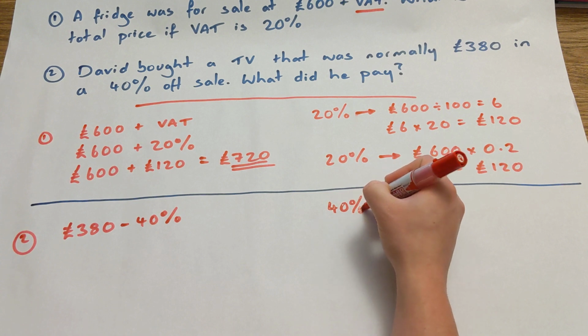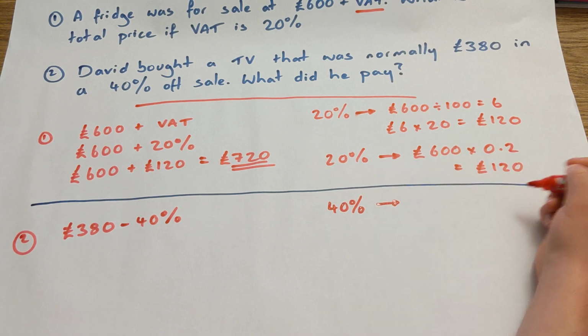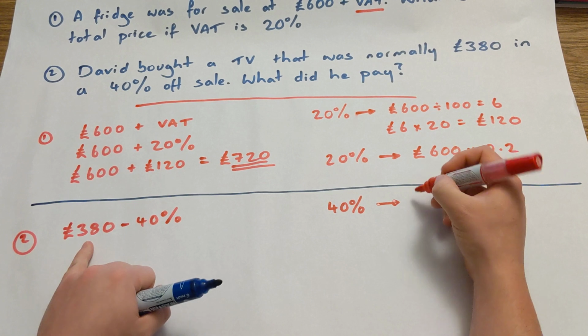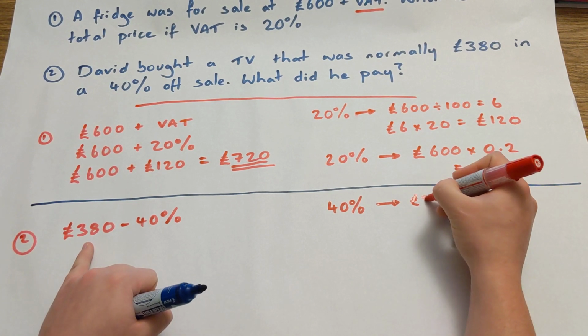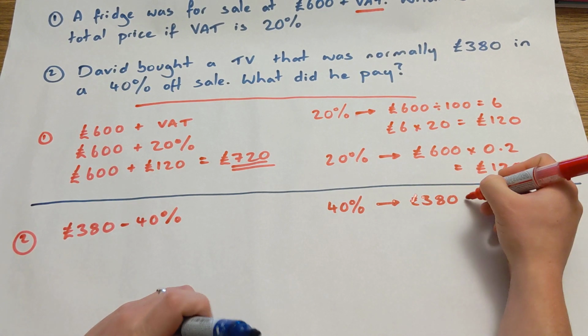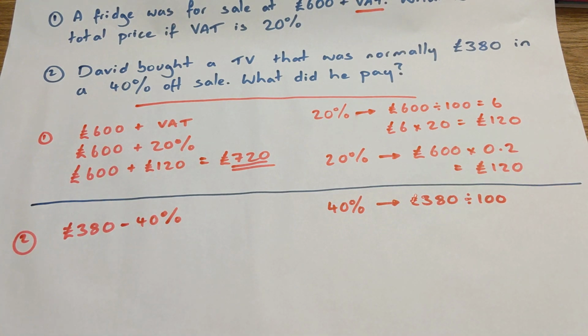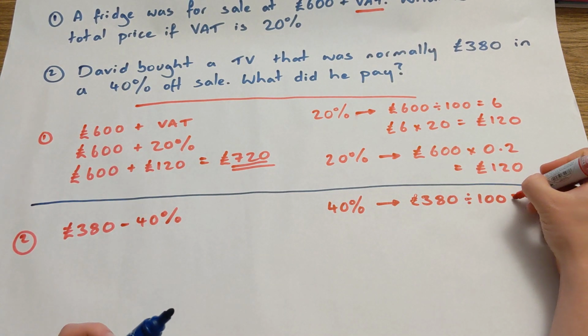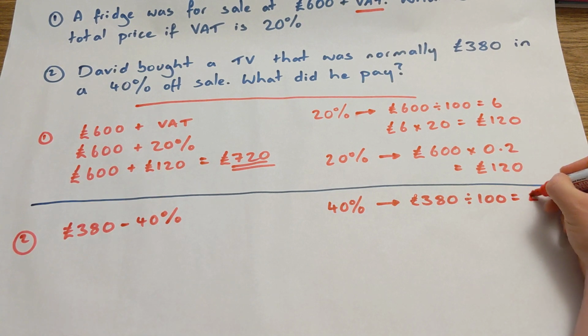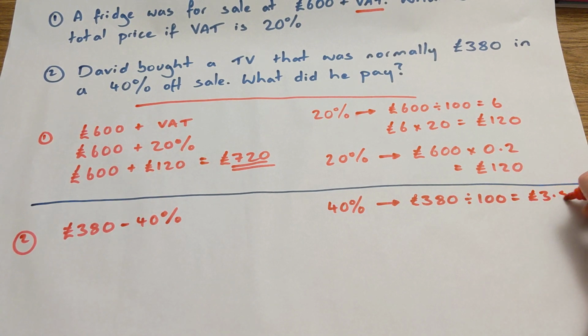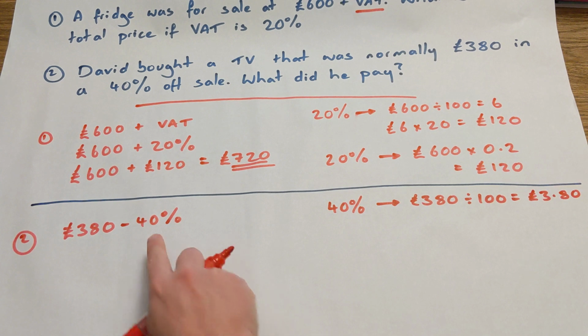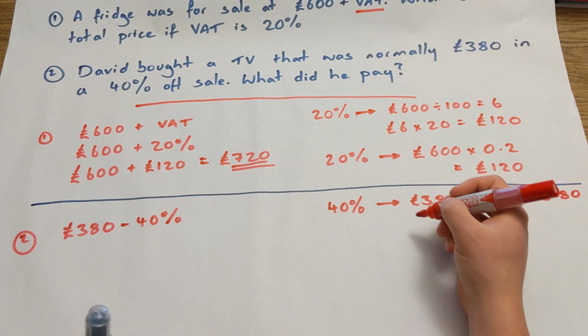So 40%. Okay, let's do the first way. We'll divide by 100, so that means 380 divided by 100. Again, we can do this on our calculators, but that gives us an answer of £3.80. And then times that by 40.